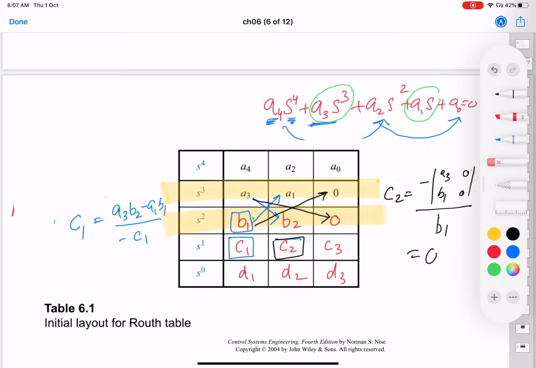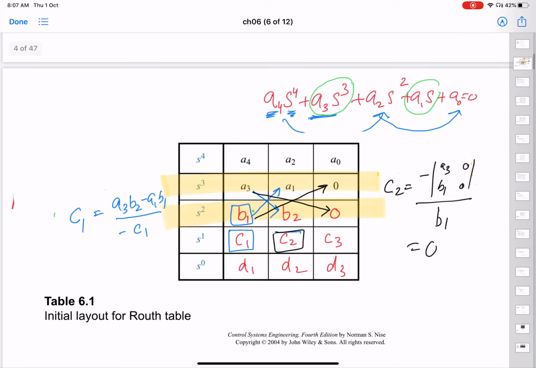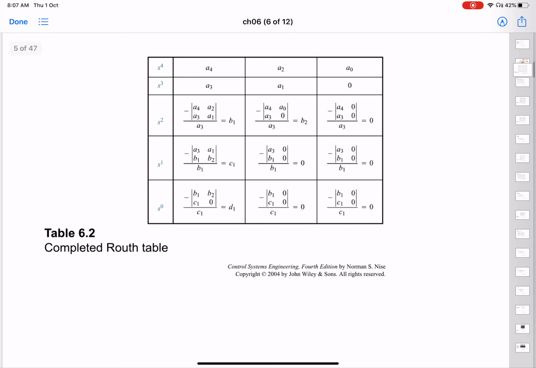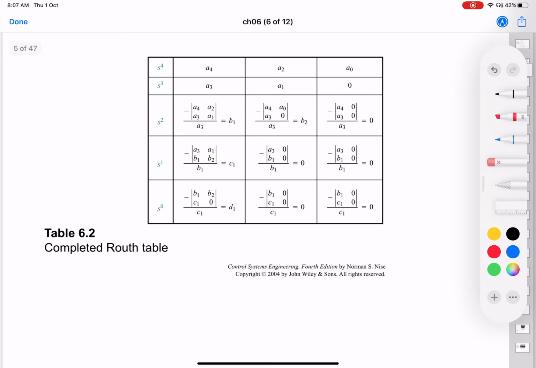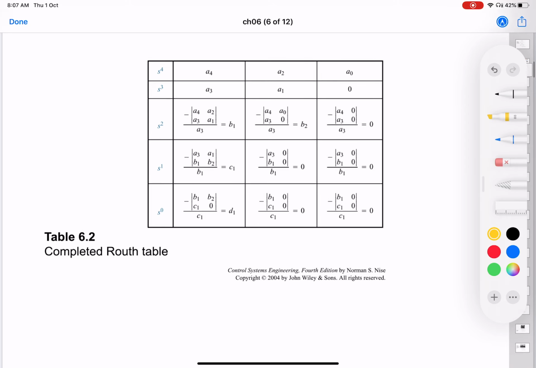This is more clearly illustrated in this diagram here, in this overall table. It's a very simple table to make. You can see that we start with the highest degree polynomial, s^4, s^3, s^2, s^1 down to s^0.